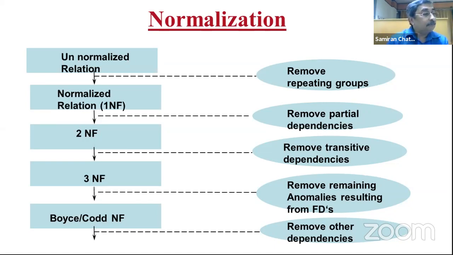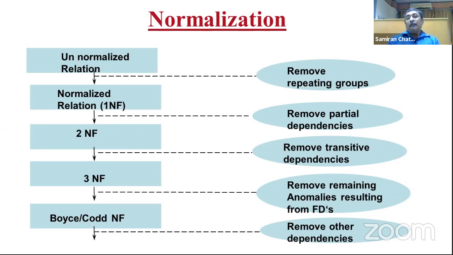So if you want to check what the normal form is, then you have to look at the functional dependencies and find out whether there are partial dependencies. If there are partial dependencies, it is in 1NF. Now be sure that it does not have partial dependency. Then you check whether transitive dependencies are there.